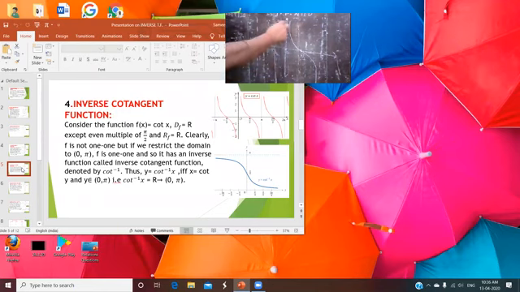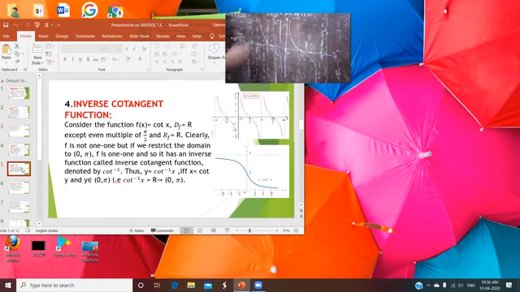So you can say the curve is like that. Sorry, that should be negative, no? So you can draw it in this way. And for this one, minus pi to minus pi by 2, that is your third quadrant, and cot is positive. So the curve is in this way.